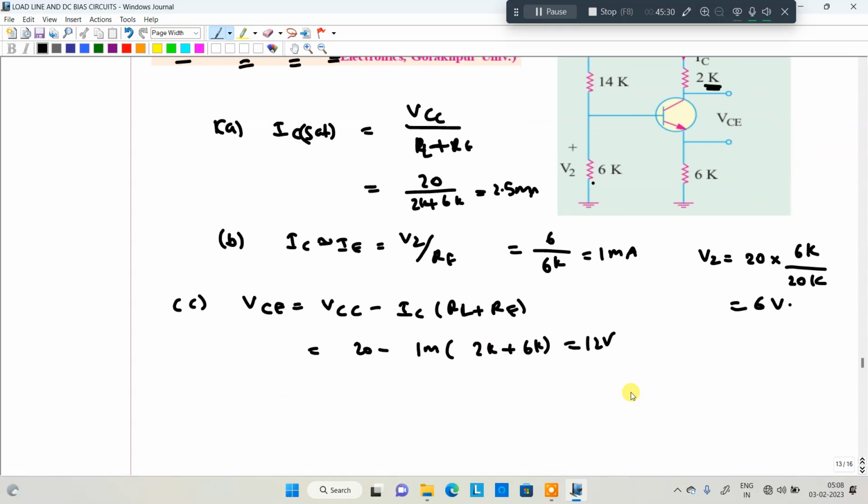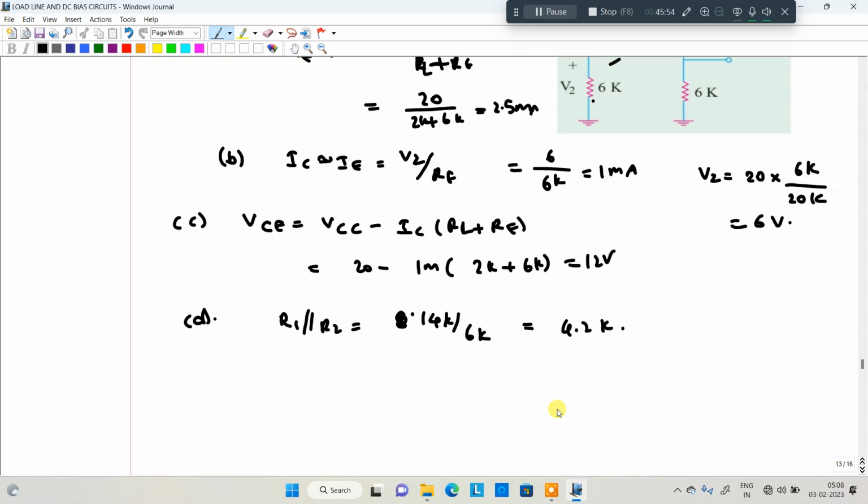Finally, D. These two are connected in parallel. So R1 parallel with R2. What is the R1 value? R1 is 14k and R2 is 6k. So 14k parallel with 6k will be equivalent to 4.2k ohms. So finally, you want the K beta factor. K beta is equal to 1 divided by 1 plus beta.